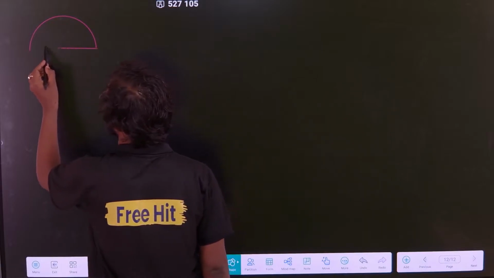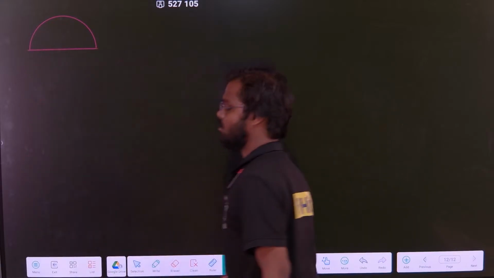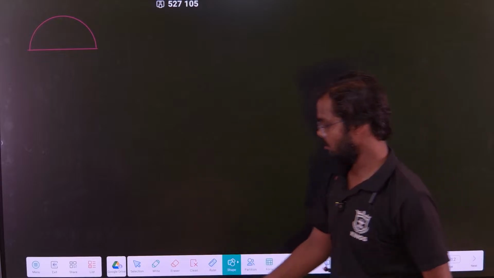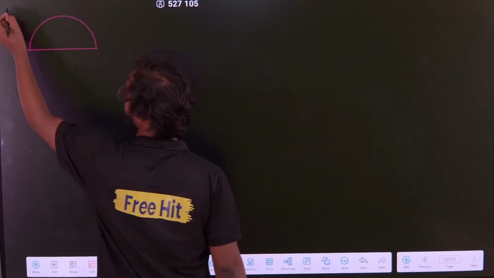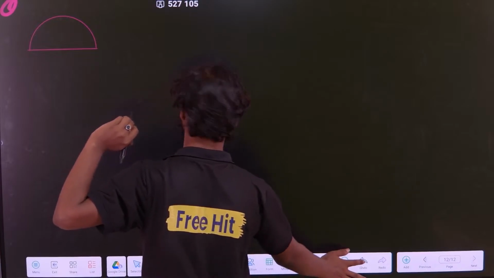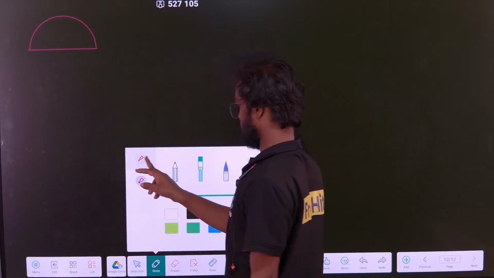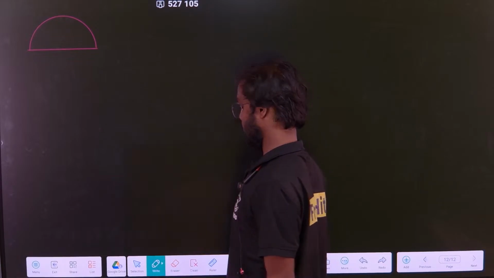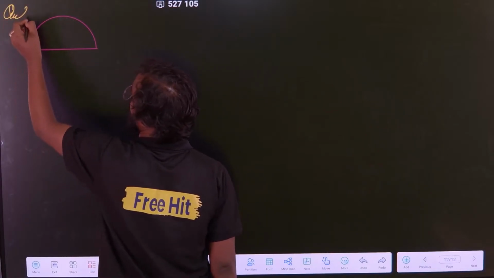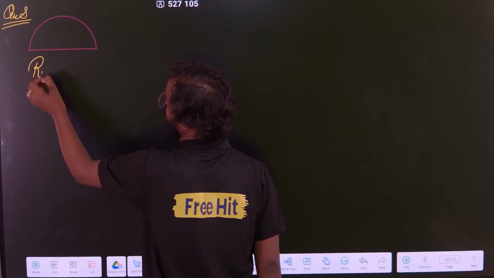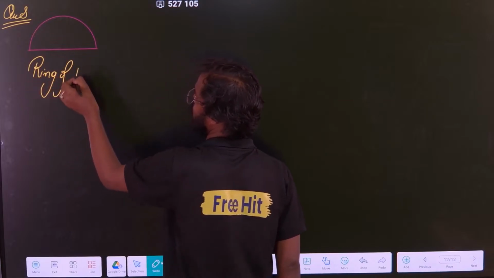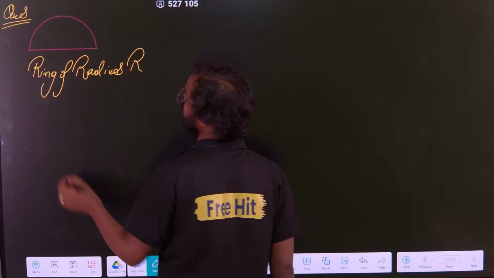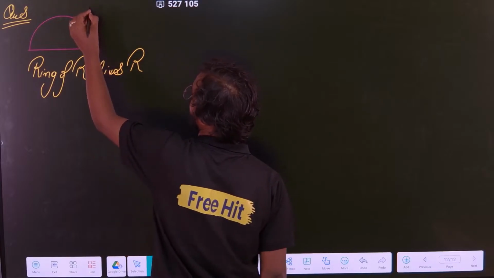Suppose this is a ring, a ring of radius r, and the charge density is lambda.